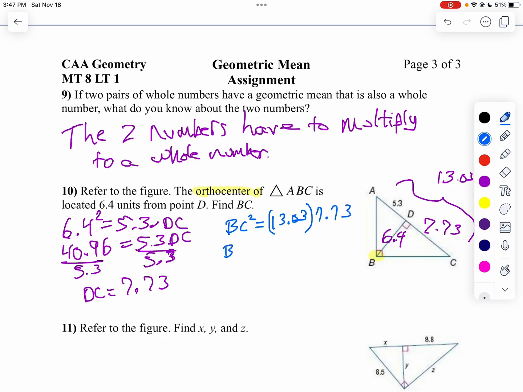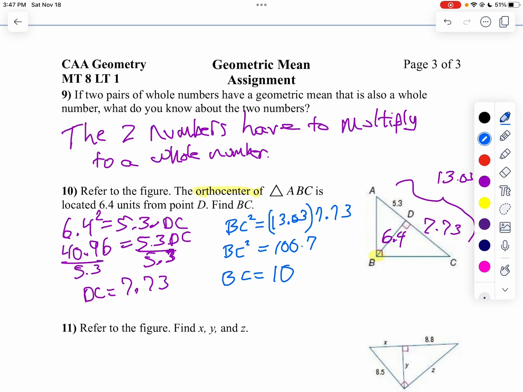So in other words, BC squared, if I take 13.03 times 7.73, I get about 100.7. So then BC would be the square root of that, the positive square root of that, because I don't really care about the negative. And I'm going to say it's about 10. And that's what we'll get for an answer there.